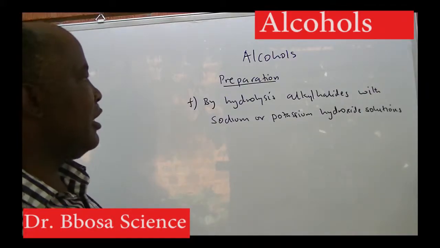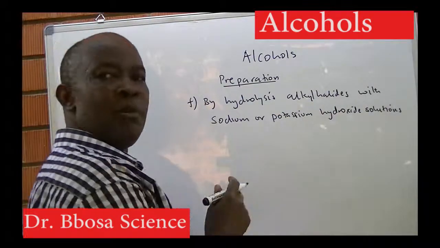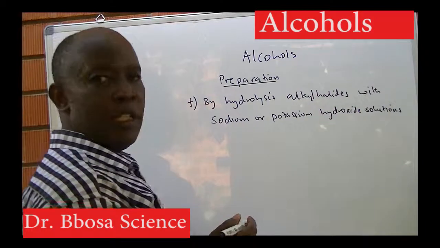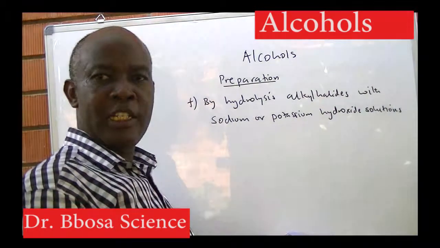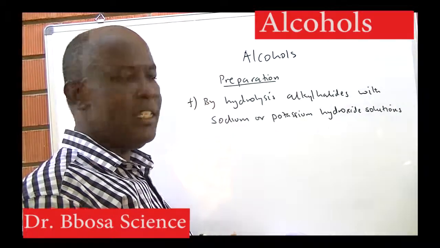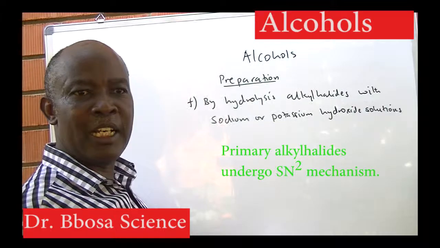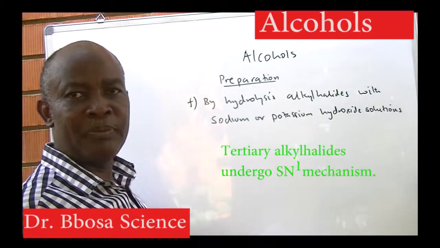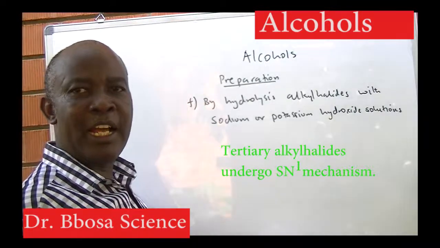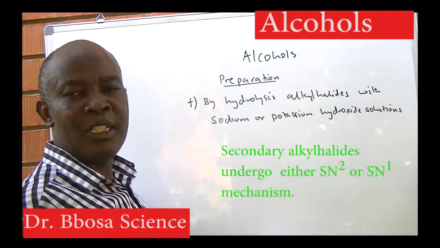F. By hydrolysis of alkyl halides with sodium or potassium hydroxide solutions. The mechanism depends on the class of alkyl halides. Primary alkyl halides undergo SN2 mechanism. Tertiary alkyl halides undergo SN1 mechanism.